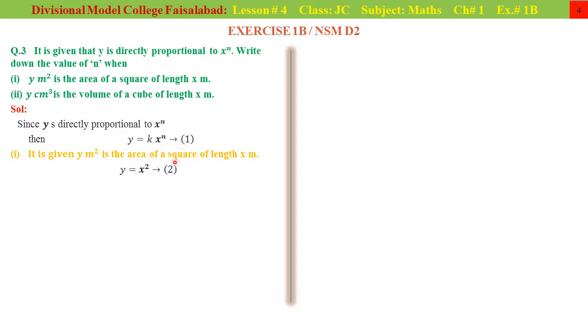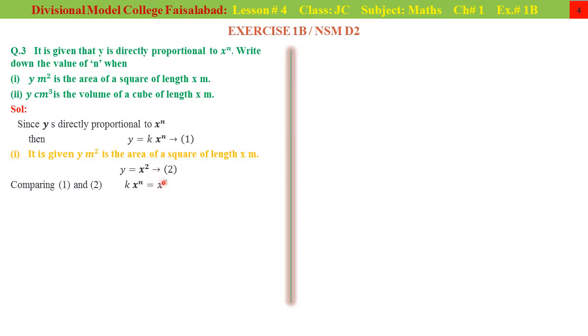Now this is equation number 1 and this is equation number 2. We are asked to find the value of n. Comparing these two equations, in equation number 1, y is equal to k x to the power n, and in equation number 2, y is equal to x to the power 2. Left hand sides of both the equations are equal, so their right hand sides should also be equal. So k x to the power n is equal to x square.